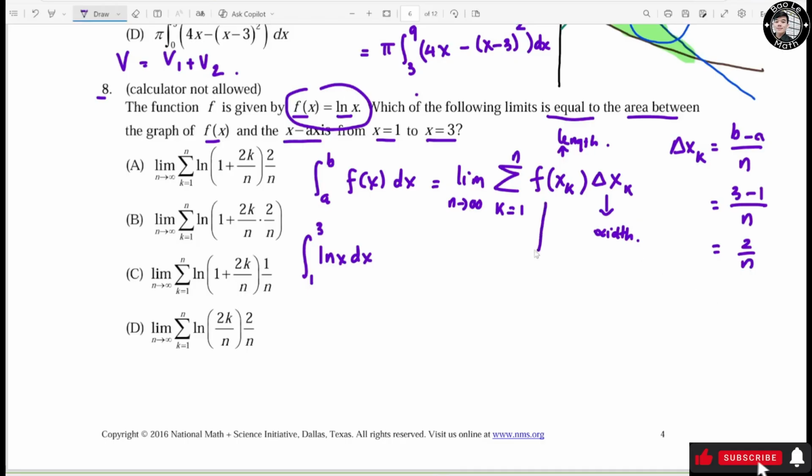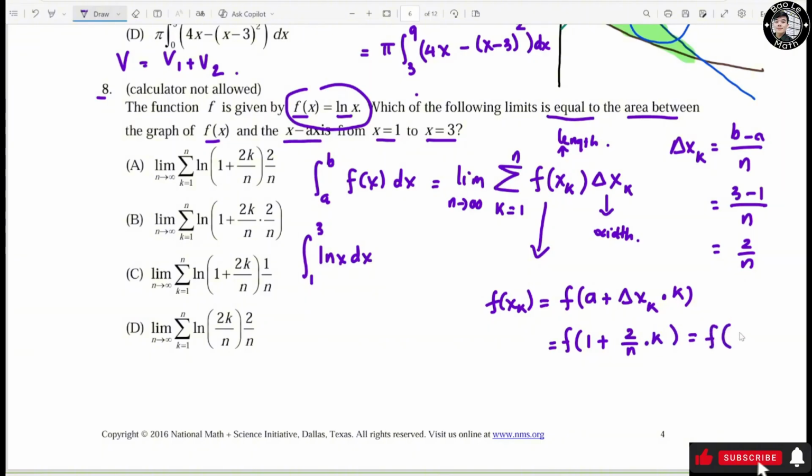Now f of s_k is calculated as f of a plus delta s times k. So it's going to be f of 1 plus 2 over n times k, or f of 1 plus 2k over n.